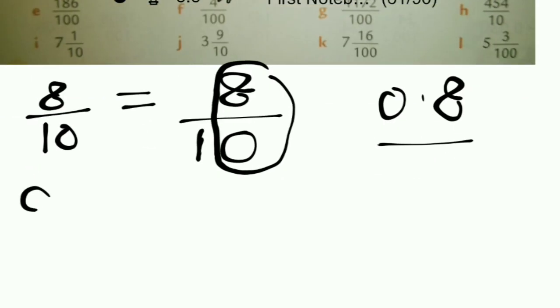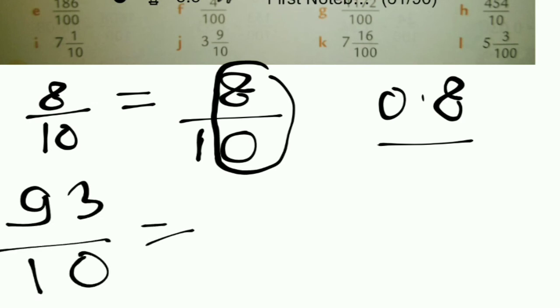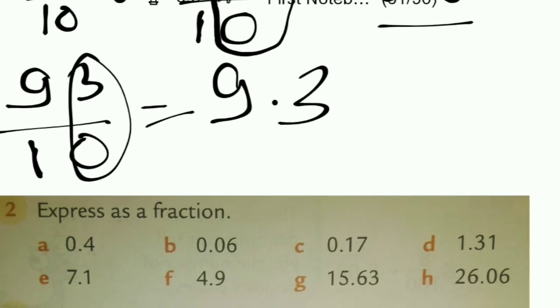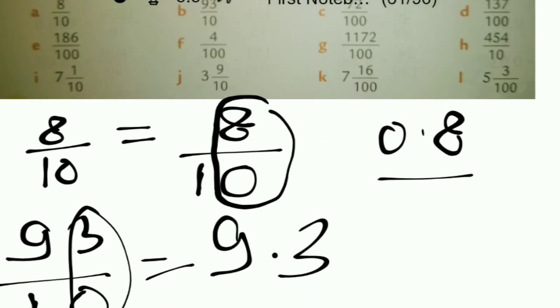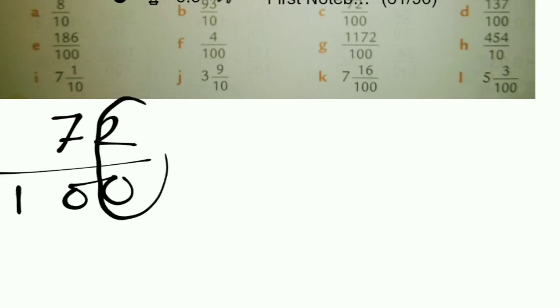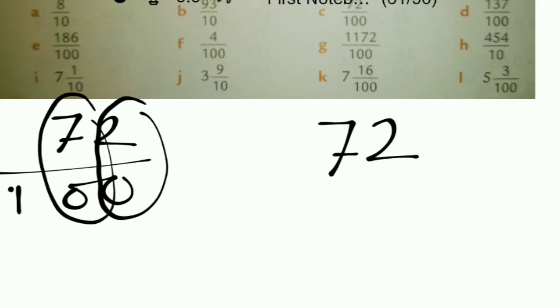Next is 93 upon 10. How will we write this 93? This 0 and this 3, 3. Then this 1, it means decimal. Then we can write 9. Then 72. How to write 72? 72 upon 100. This 2, this 7, and this 1 will come. Now decimal and 1.